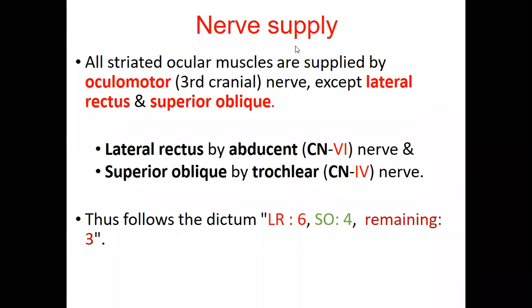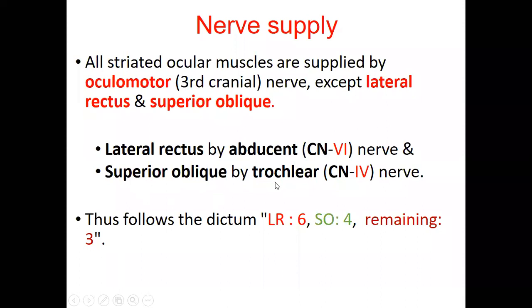If you see the nerve supply of extraocular muscles, all striated ocular muscles are supplied by the third cranial nerve or the oculomotor nerve, except lateral rectus and superior oblique. Lateral rectus is supplied by abducens, the sixth cranial nerve.